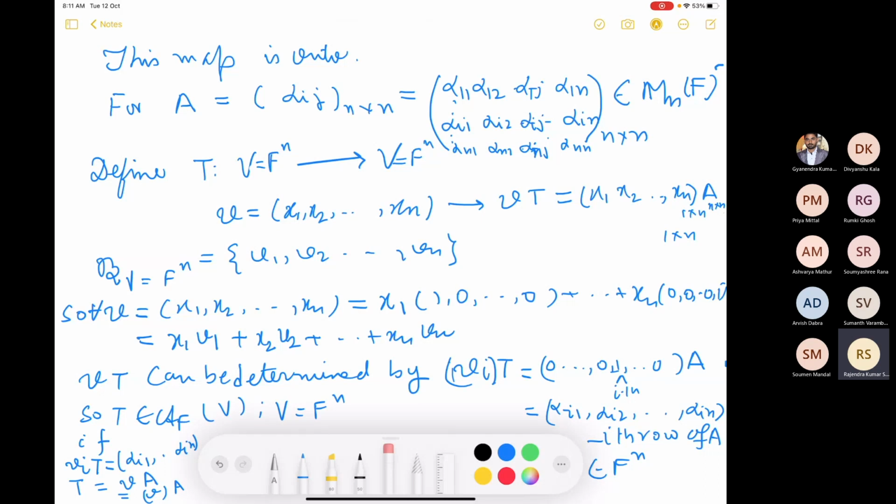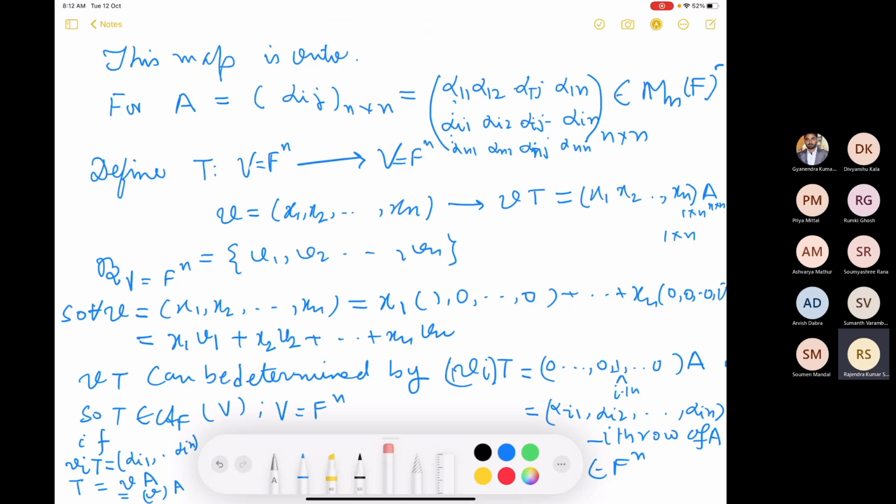We had also proved that a matrix of order n by n with entries from F, where F is a field, can be treated as a linear transformation over some vector space V. This vector space V can be taken as F^n over F, where F^n is the set of all n-tuples, entries coming from F.